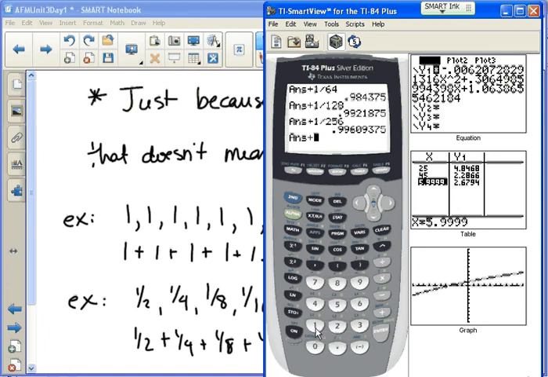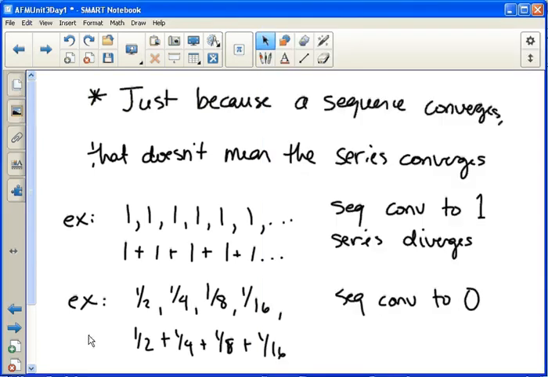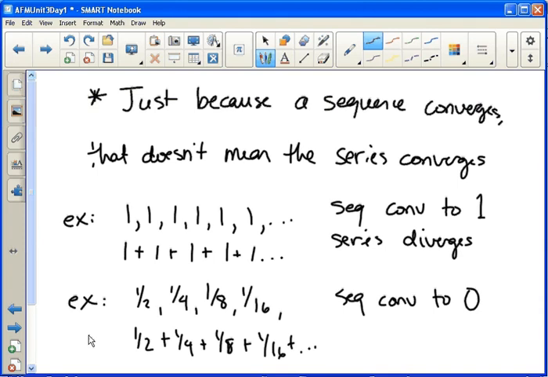This is getting closer and closer and closer to 1 without ever actually getting there. So this is an example of one where you can continually add more and more terms and it doesn't actually go to infinity. It just gives you an answer of 1. So another thing to note is that even if they both converge, they don't necessarily converge to the same thing.